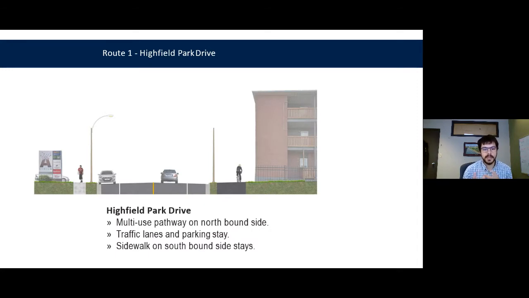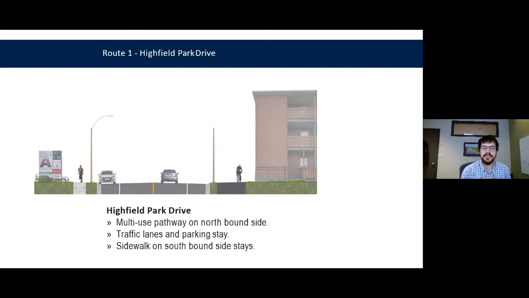So up at the top of the community across Highfield Park Drive, this option looks at adding a multi-use trail on the south side of Highfield Park Drive. It says here on the northbound side, which is the south side on the compass, so keep that in mind as you're looking through.